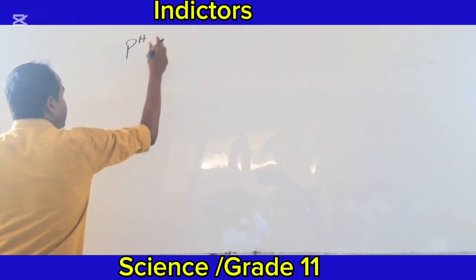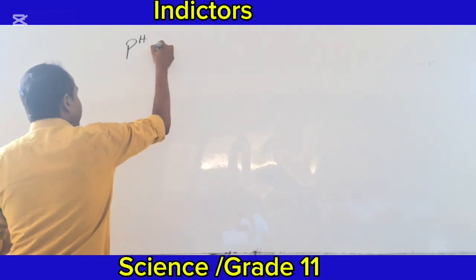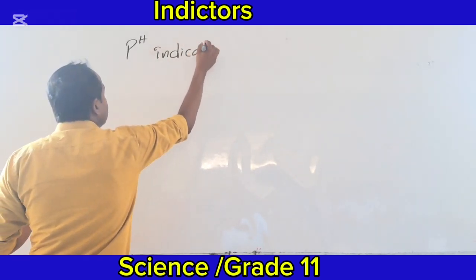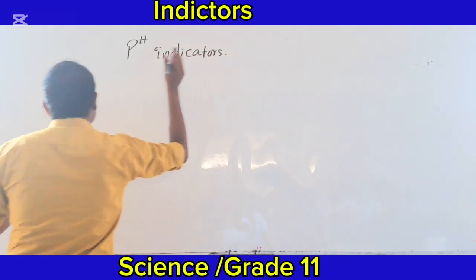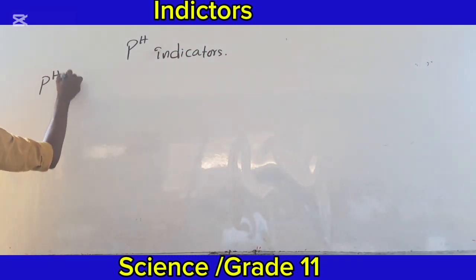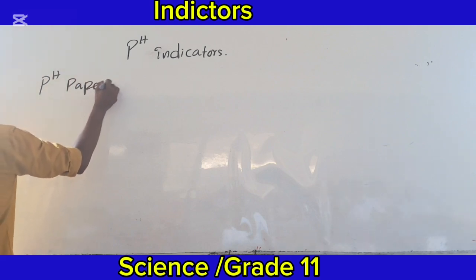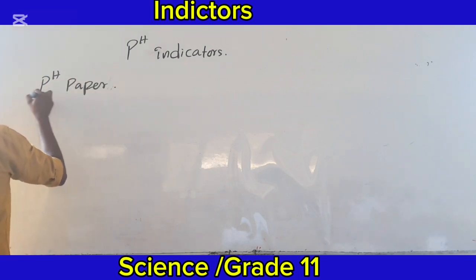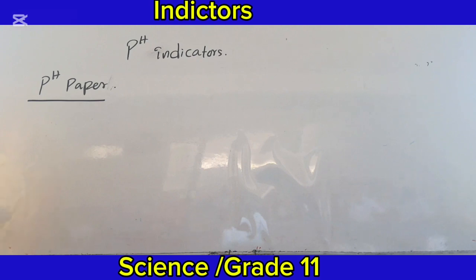In the pH paper, one important thing is the pH paper. pH paper is similar to the litmus, but the color is different.